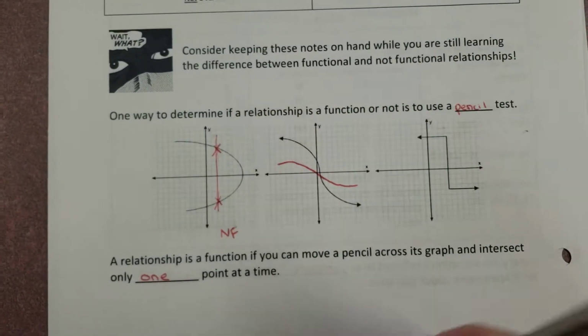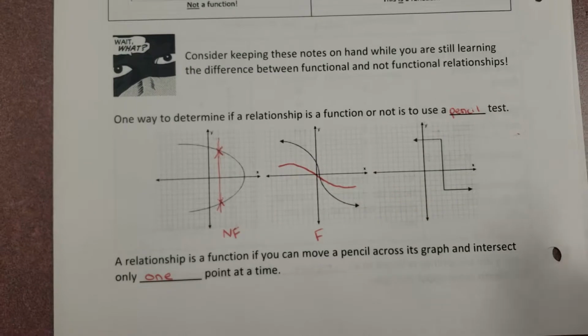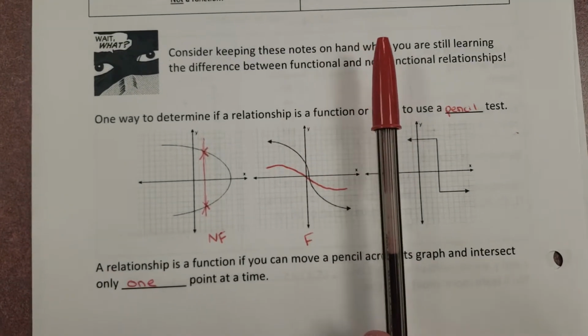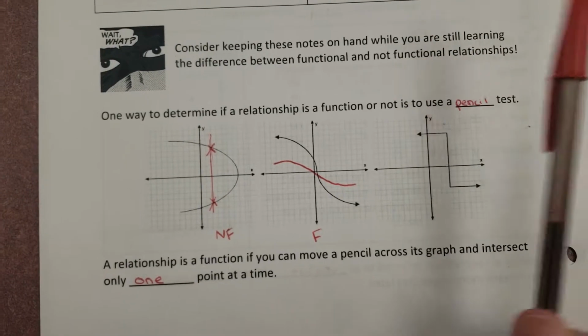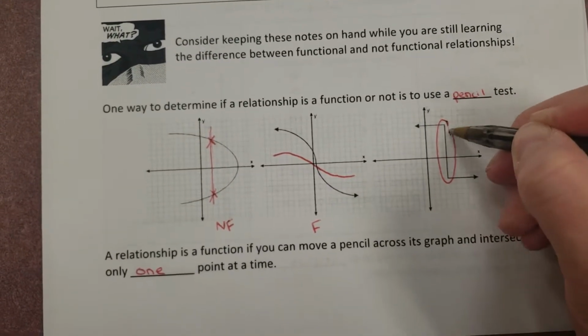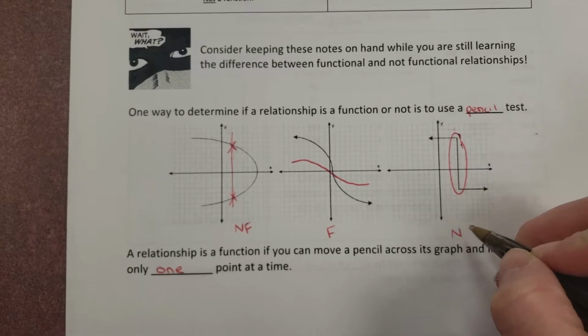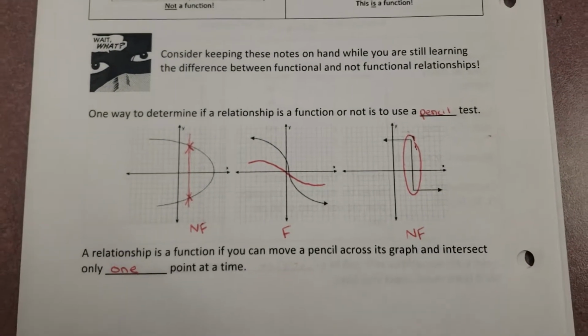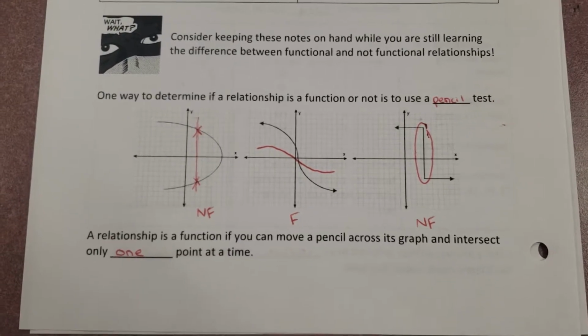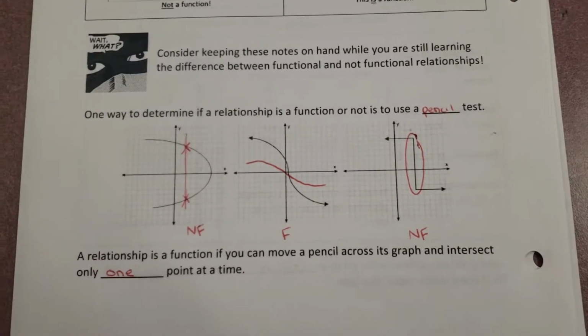See, if it were like this, it would be a function. Here, what do you think? Function, function, function, function, function, function. What about this part? Nope. This is not a function. So you can use the pencil test to determine if a relationship is a function or not.